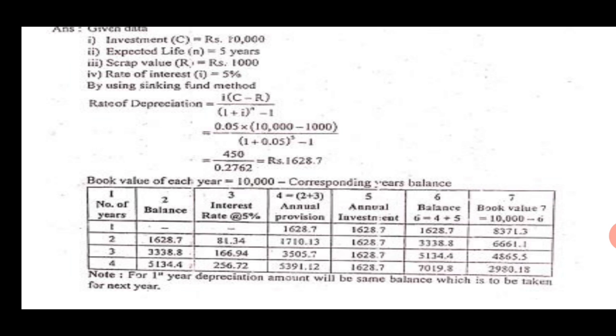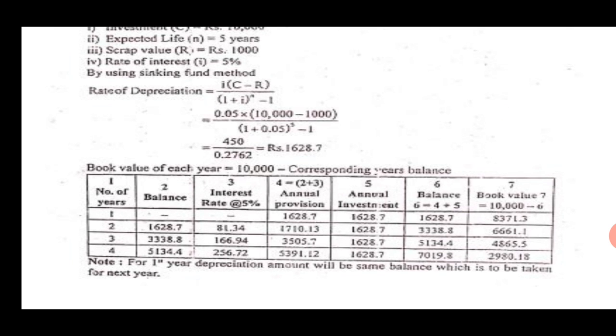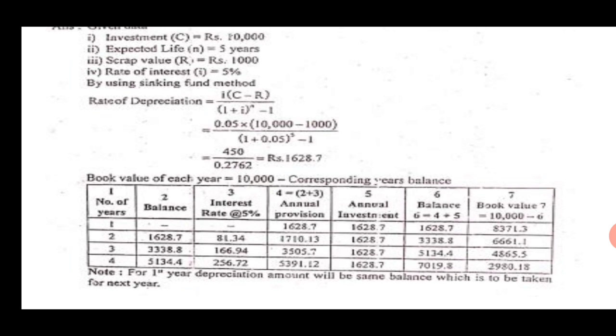By using the sinking fund method, the formula is very simple. Rate of depreciation is equal to I into bracket C minus R bracket close, divided by bracket 1 plus I raised to N minus 1. Here I is 0.05.